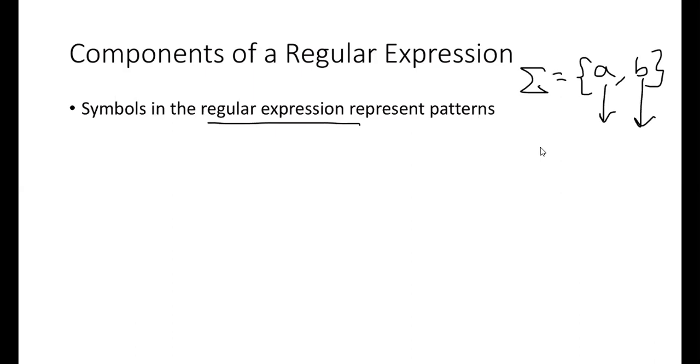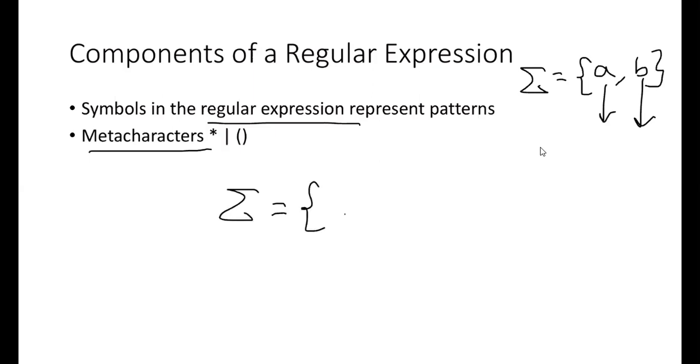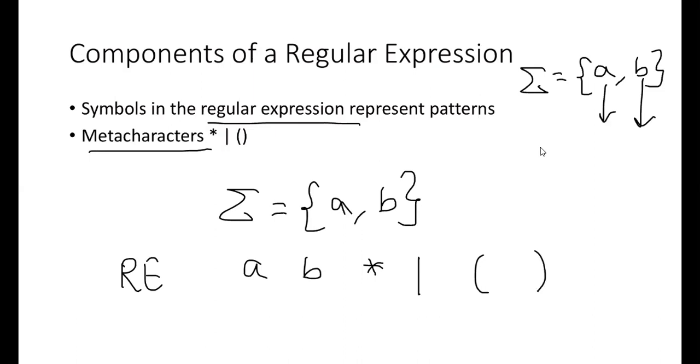Along with that, in the regular expression we will also have certain characters known as meta characters. So what are meta characters? These are symbols which are used in addition to the symbols of the language. If my alphabet is AB, then in my regular expression I will have the symbol A, the symbol B, and in addition to this, I will also have the star, the pipe, and parentheses.